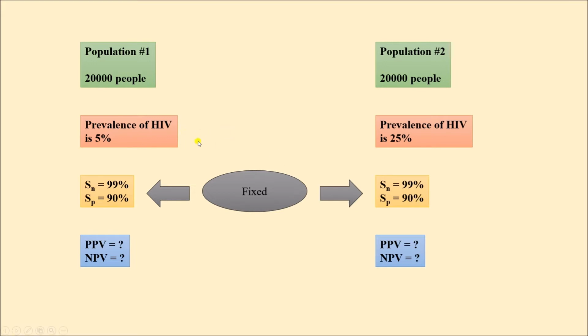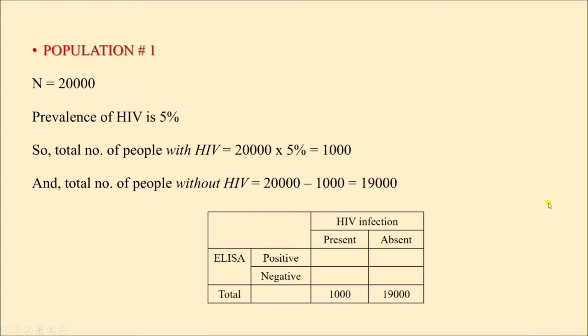One having 5% prevalence, another having 25% prevalence. And then we are going to see if this difference in prevalence actually causes a difference in positive and negative predictive values when this test is applied in these two populations. So first we are going to talk about population 1.